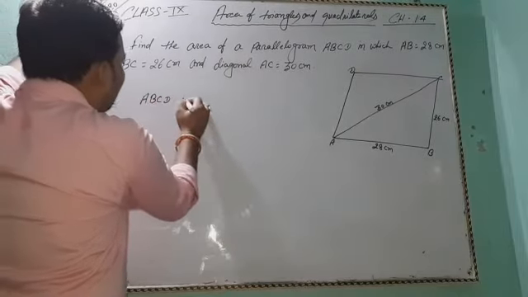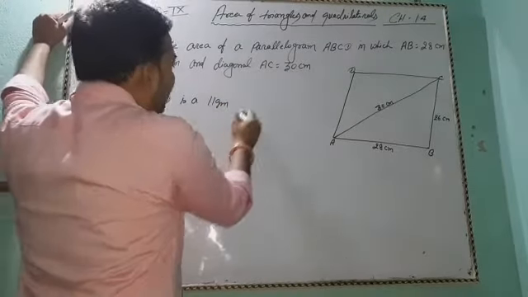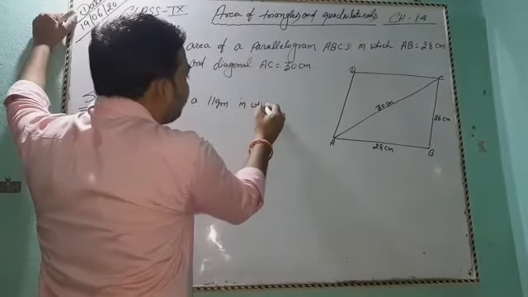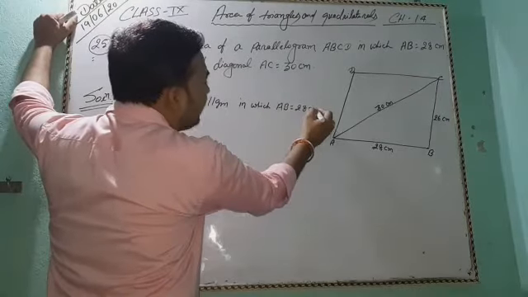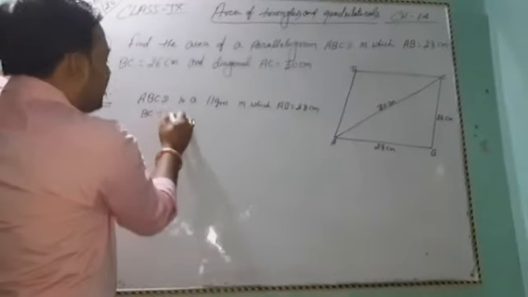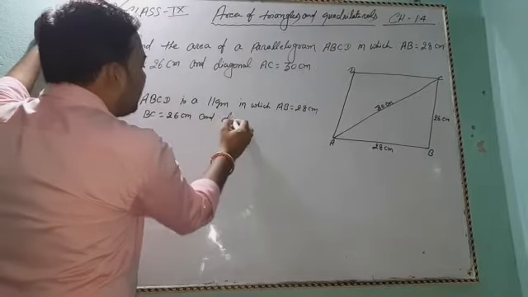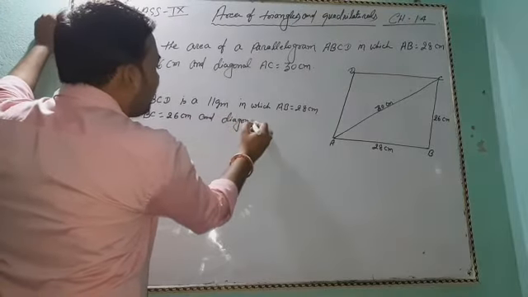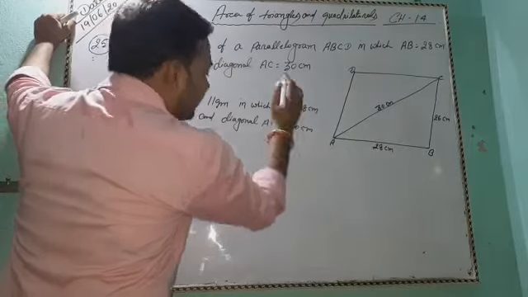ABCD is a parallelogram in which AB equal to 28 centimeter, BC equal to 26 centimeter, and diagonal AC equal to 30 centimeter.